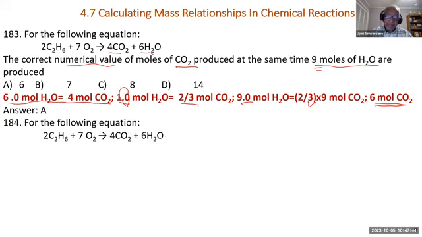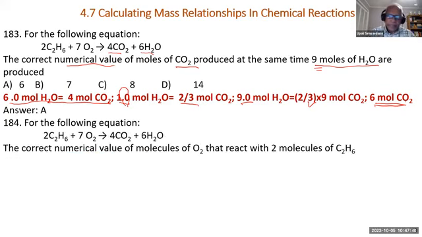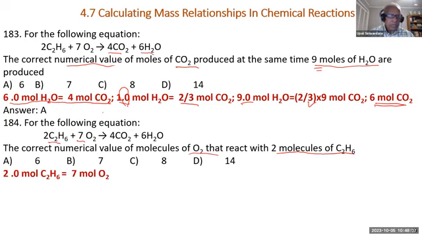A similar calculation. Correct numerical value when 2 molecules of ethane react with oxygen. So this is the conversion factor, 2:7. I wrote down 2:7 right here.